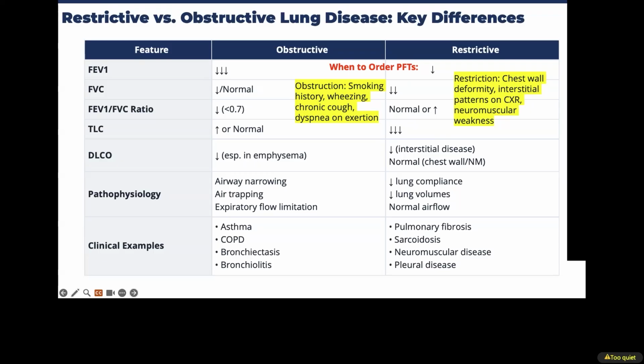If it's normal, but the TLC is low, then it's restrictive. If the diffusing lung capacity is reduced, it's a diffusion problem. If it's normal, it's a mechanical problem. So in clinical practice, you're always thinking: obstruction, cannot get air out; restriction, cannot get air in. You got that? Okay, good.